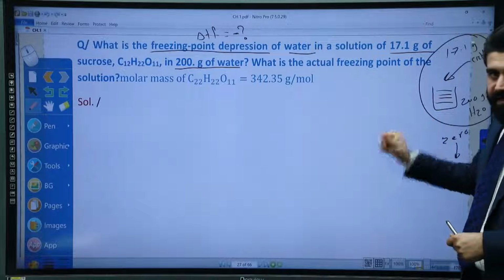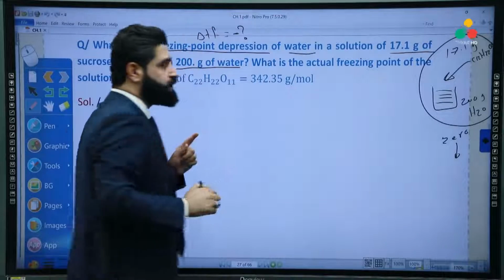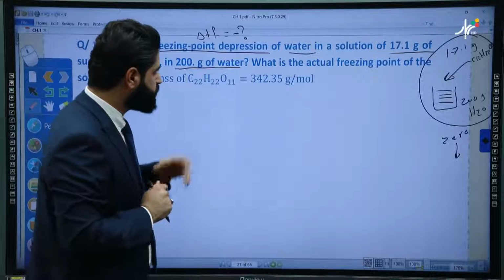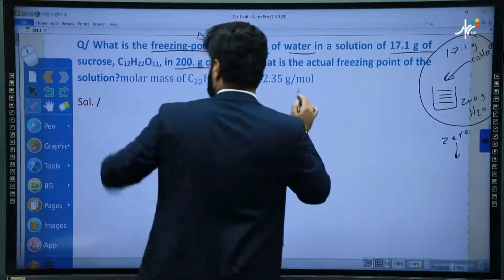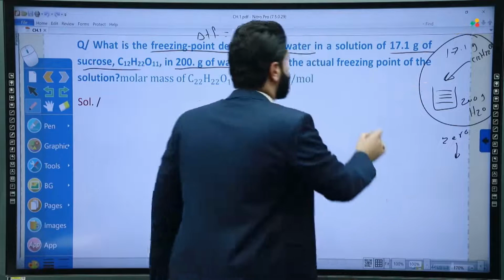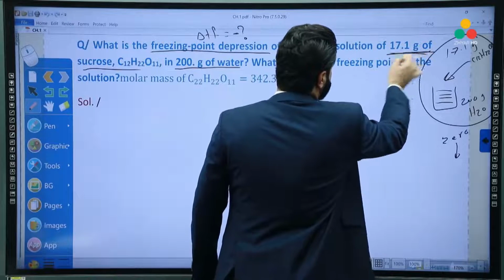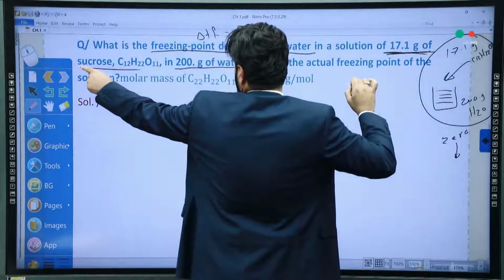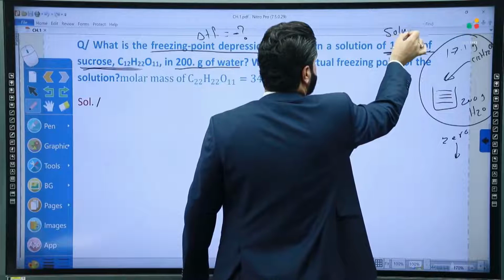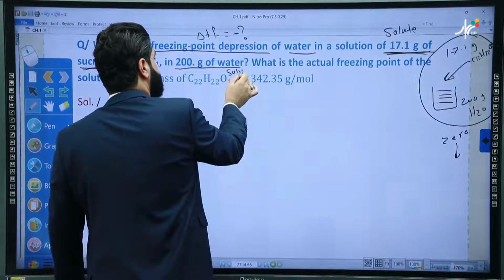It means a negative value. Well, first step, you have to identify solvent and solute. Look, dissolving sugar in water. So, without thinking, you can say this number relates to sucrose, which is the solute, and water becomes the solvent.